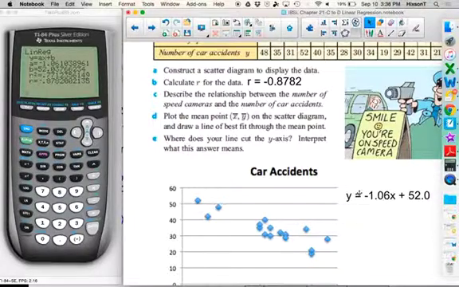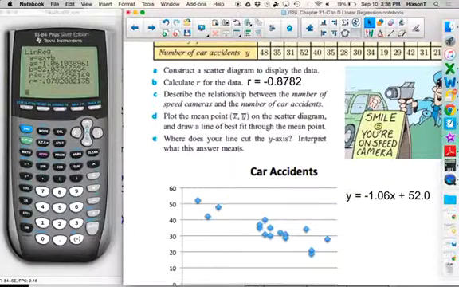And we can then use that to predict a lot about the situation. We could predict, hey, if we have so many cameras, how many accidents could we expect? Okay? Also, look at this last question. We'll cut it off at that.